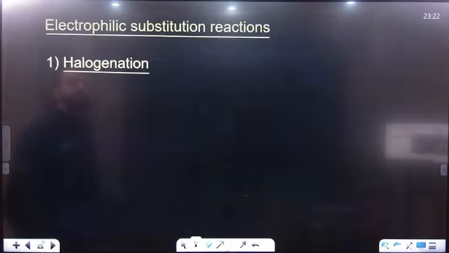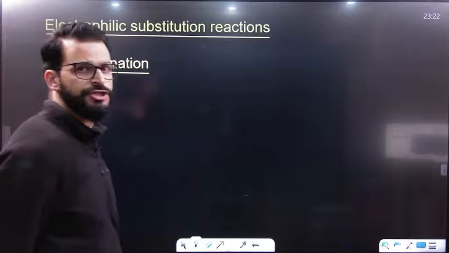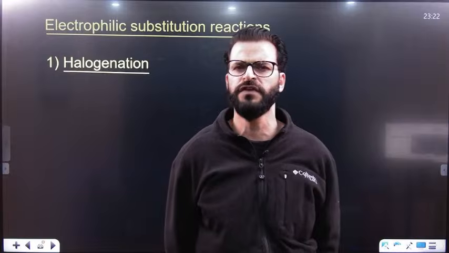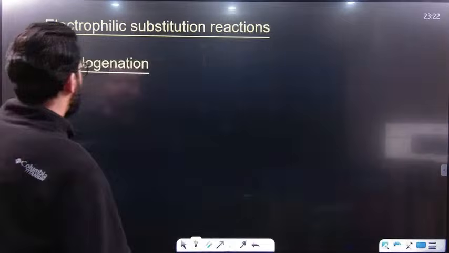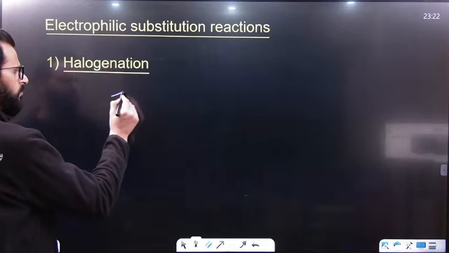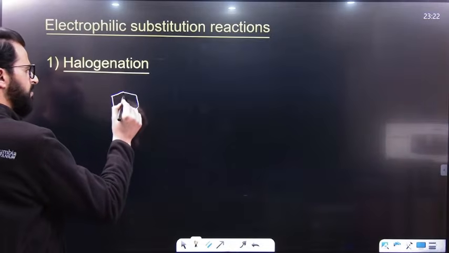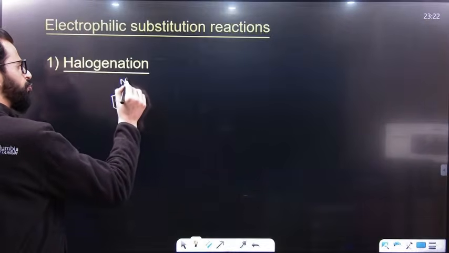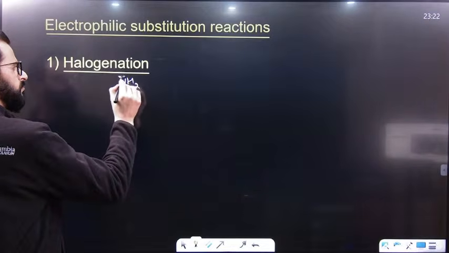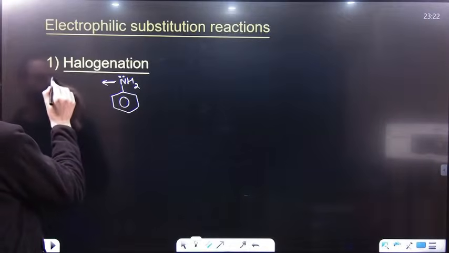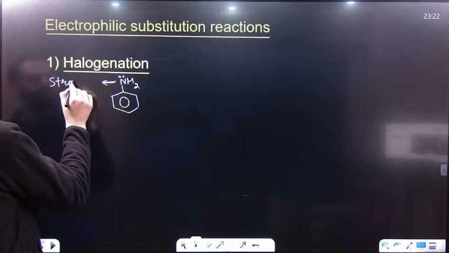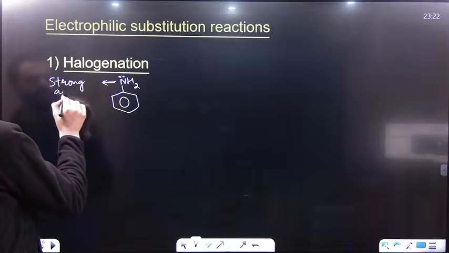After that, we have electrophilic substitution reactions of aniline, an aromatic amine. Very, very important. Have a look. First of all, you must remember that this NH2 group is a very strong activating group.